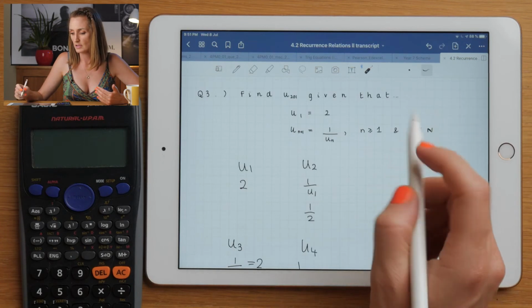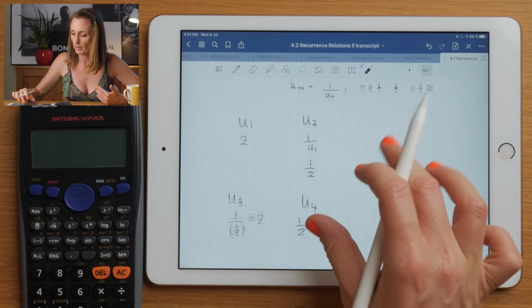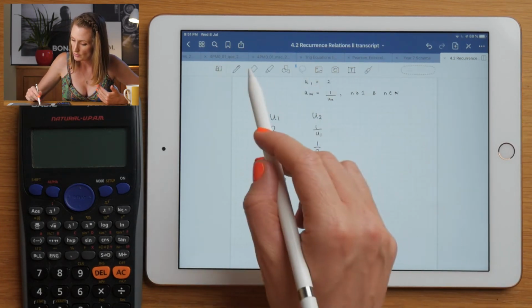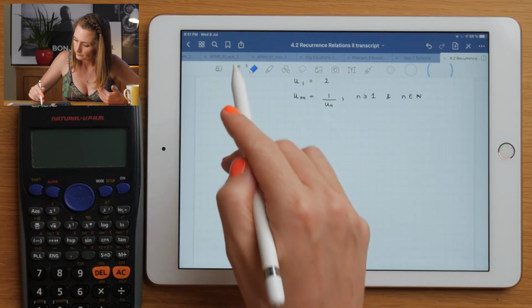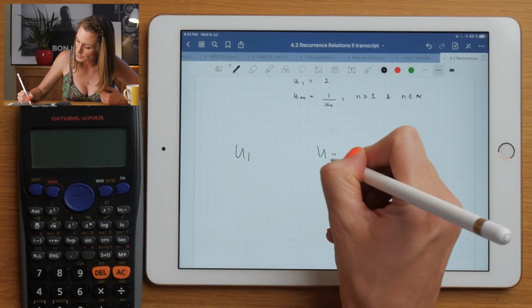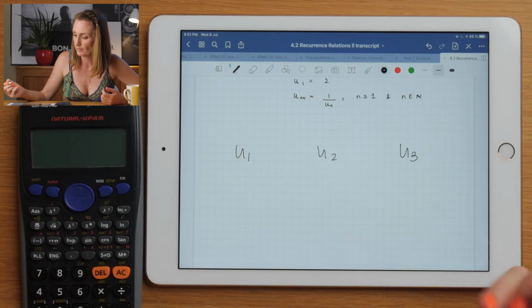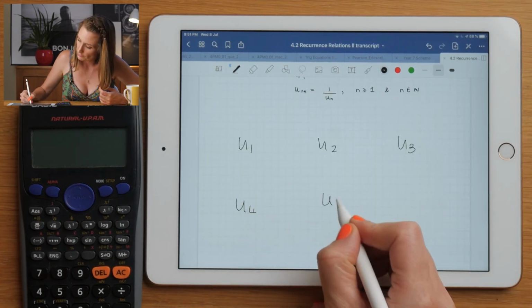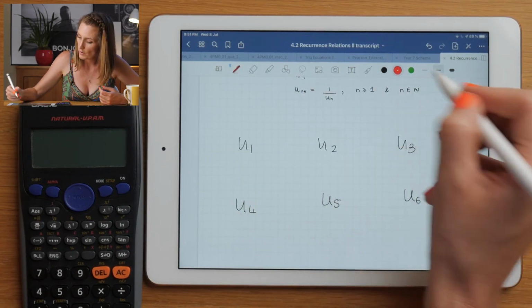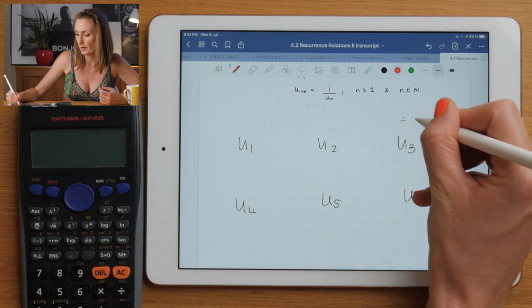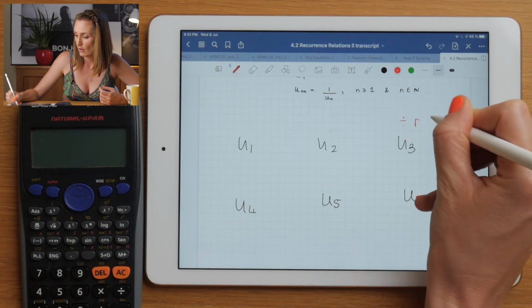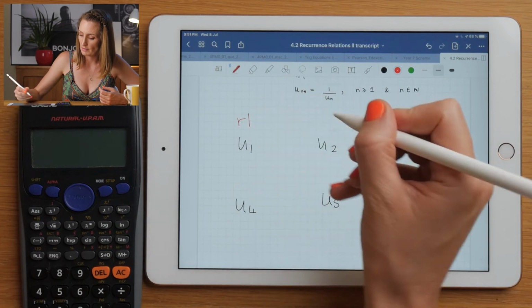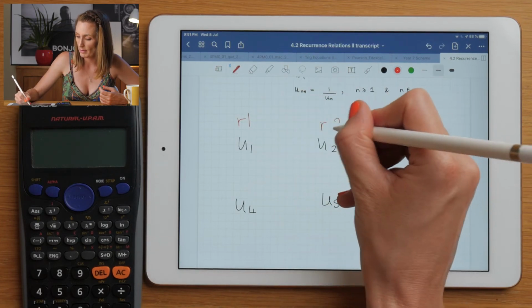Now we're thinking about dividing by 2 and what the remainder would be, because our sequence is period 2. So if our sequence is period 3, I would divide by 3 and I would organize the terms like this. U1, U2, U3. So this would be of a period of 3, right? U4, U5, U6. So I can think about all of these that would divide by 3 and leave a remainder of 0. These ones would leave a remainder of 1. These ones leave a remainder of 2.